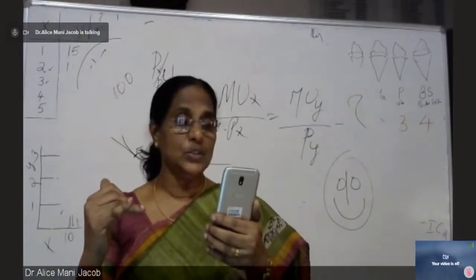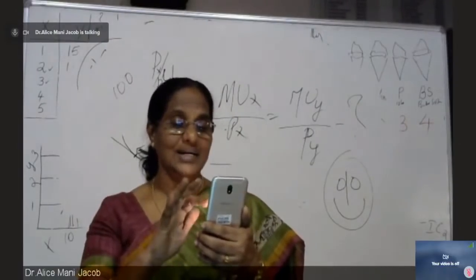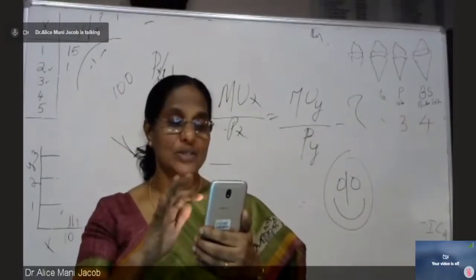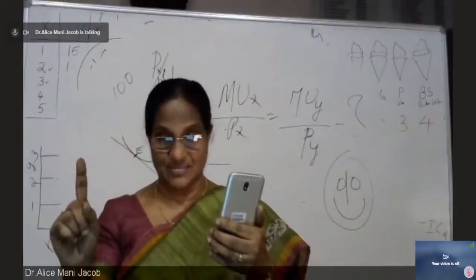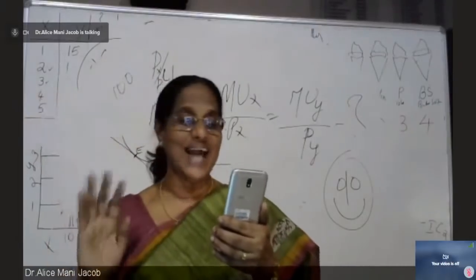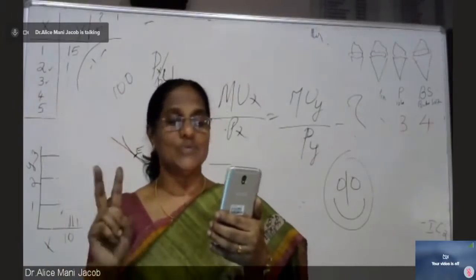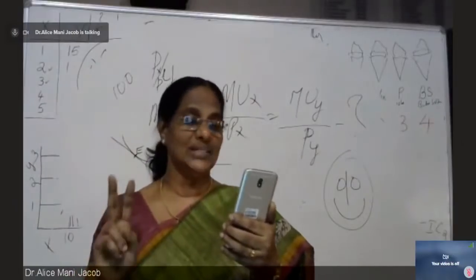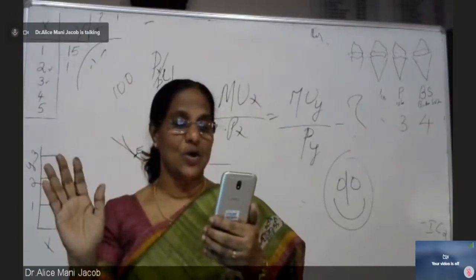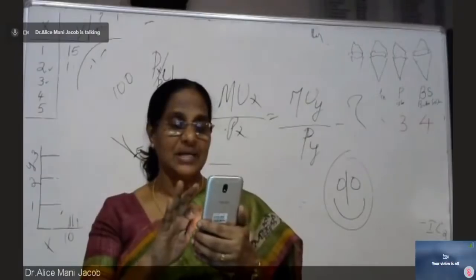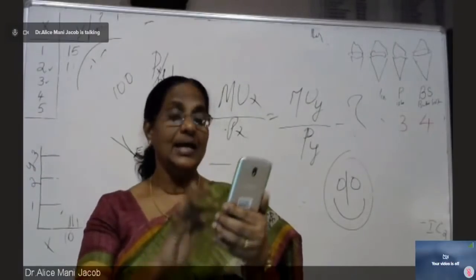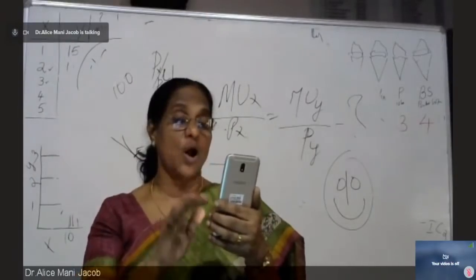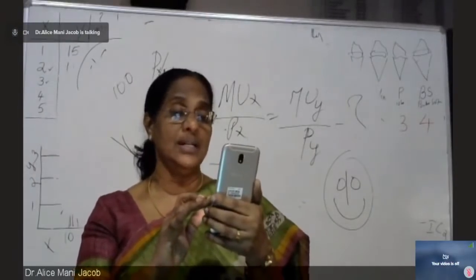Why only 2 objects are taken in the indifference curve? Because there are only 2 axes, x-axis and y-axis. You cannot study 3 axes at the same time. That's why we are taking only 2 at a time, keeping others constant. Indifference curve is convex to the origin.